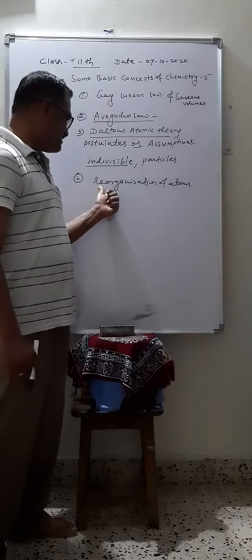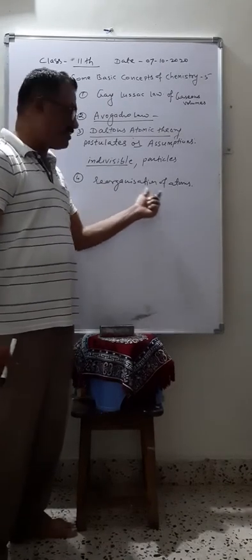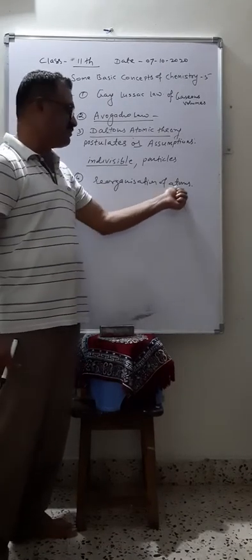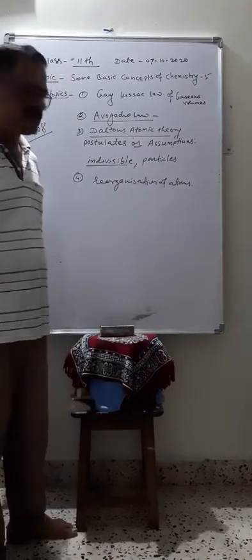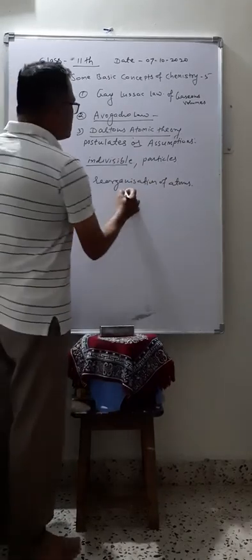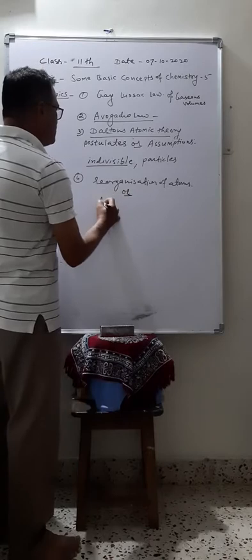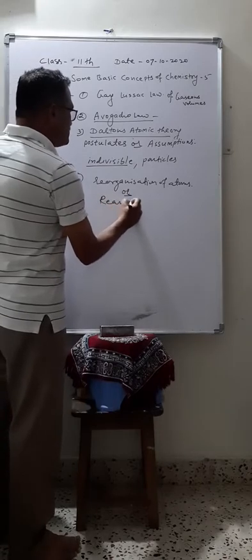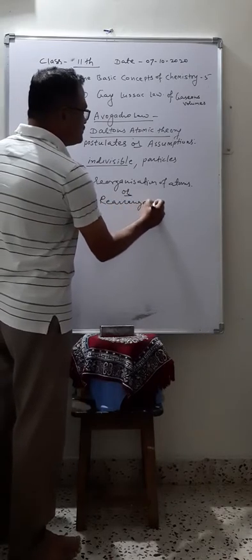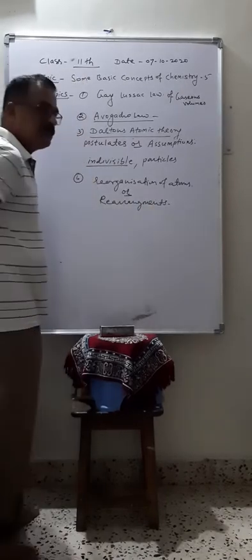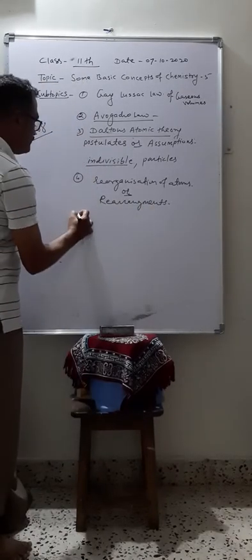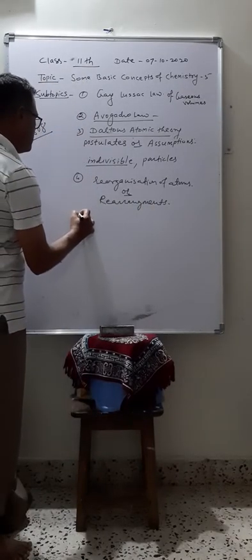There is reorganization of atoms, and after the completion of reorganization of atoms, the products are formed. Reorganization चा अर्थ दुसरा पण होऊ शकतो आपल्याला, असं पण म्हणता येते there is rearrangement of atoms. Rearrangement of atoms.